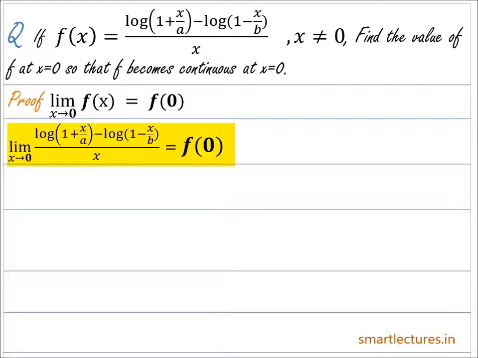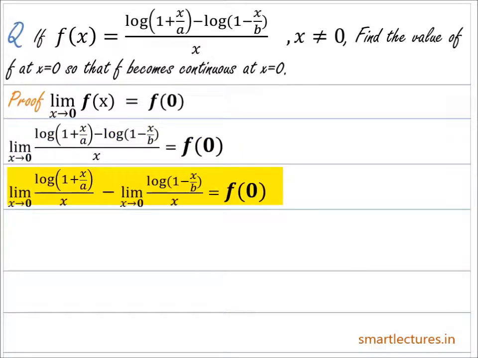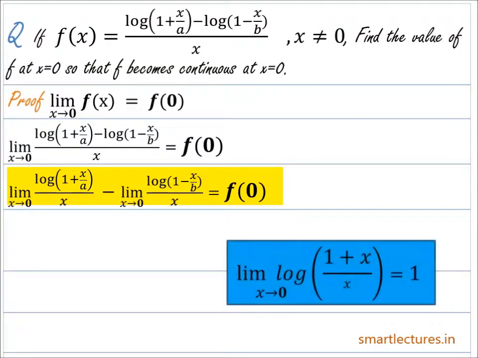So now we can also write f of 0 is equal to limit x approaches 0 of log of (1 plus x upon a) upon x minus limit x approaches 0 of log of (1 minus x upon b) upon x. And from the definition of limits, you know very well that limit x approaches 0 of log of (1 plus x) upon x is equal to 1.